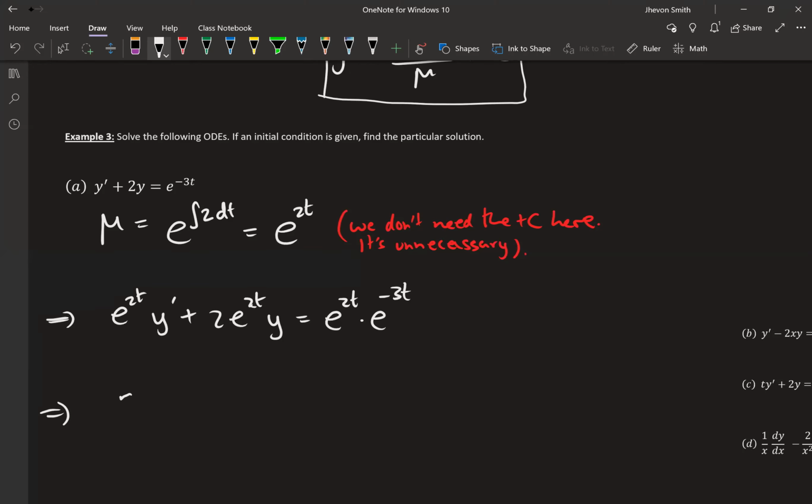It's always going to be the mu times the y all prime. Right? You can check this with the product rule. This will happen once you multiply through by the integrating factor. Now, because we know this is always going to happen, you can skip this step.